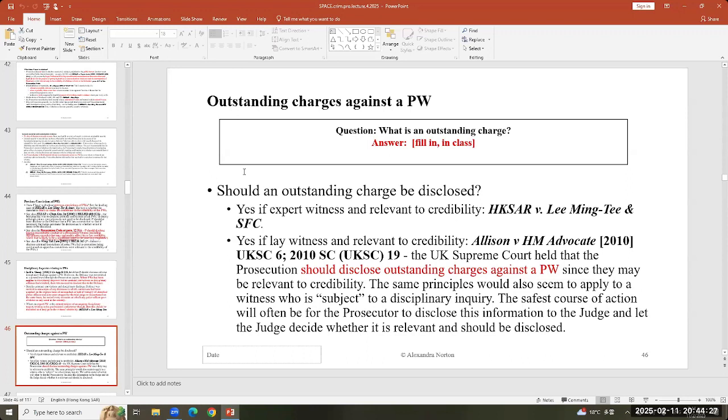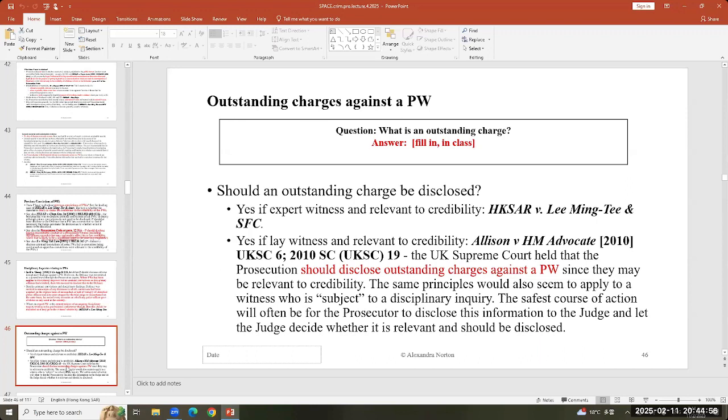But then we've got this question of credibility of the witness. So the cases, I think, are quite clear that if the outstanding charge is something that goes to credibility, either because it relates to their conduct in a professional capacity, like in Li Ming Ti, or perhaps for a lay witness, it relates to their credibility in the sense of dishonesty, then that's something that should be disclosed.